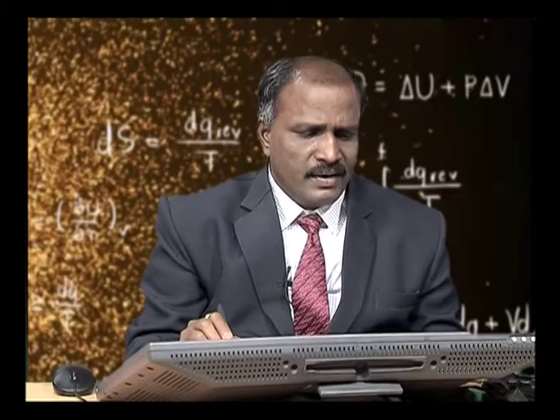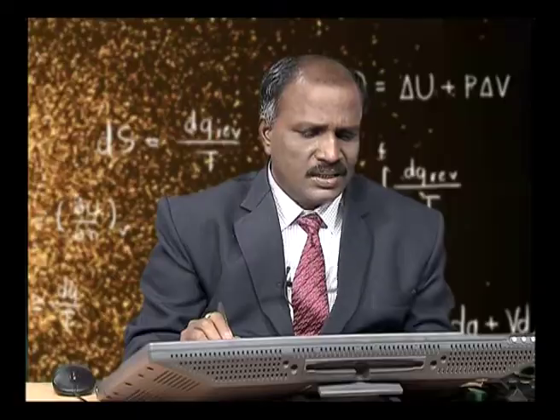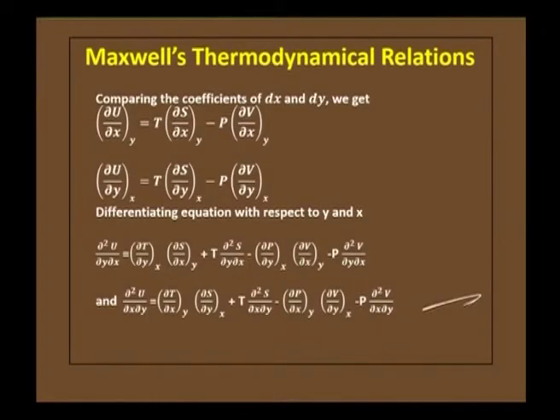Therefore, I can write the right hand side term as ∂T/∂y into ∂s/∂x plus T into ∂²s/∂y∂x minus ∂P/∂y into ∂v/∂x minus P into ∂²v/∂y∂x, which is equal to ∂²u/∂x∂y.